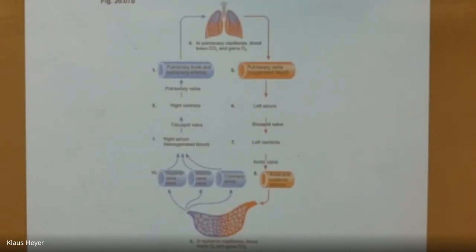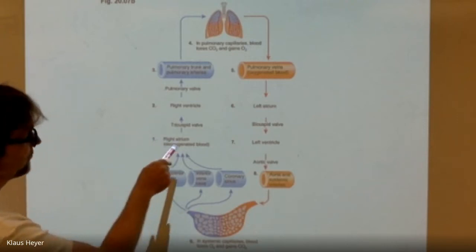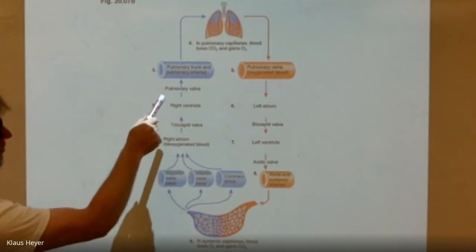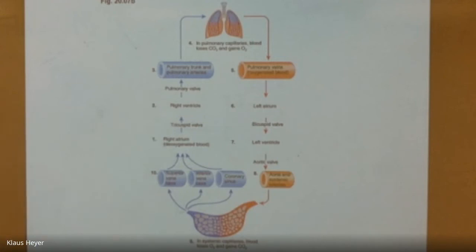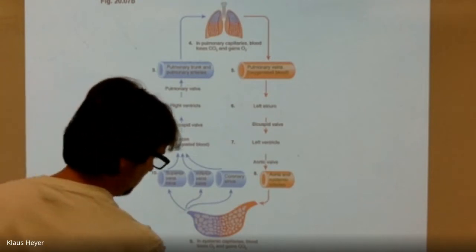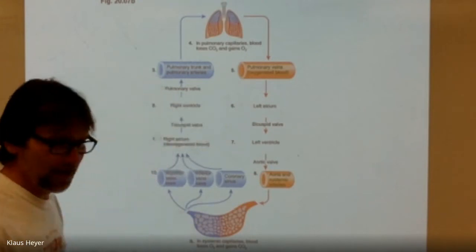That is what we just did with me drawing arrows and stuff. That's a shorter way of doing it. And they're starting in the same place. Right atrium, tricuspid, right ventricle, pulmonary. Right? So you should know that. I want you to know that. I think that's what we talked about last class.